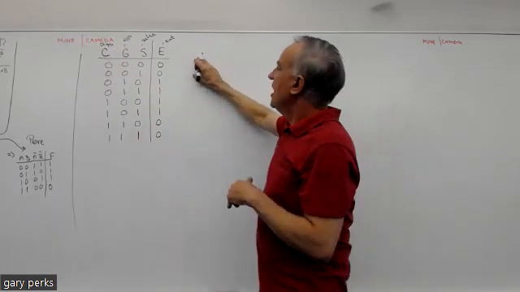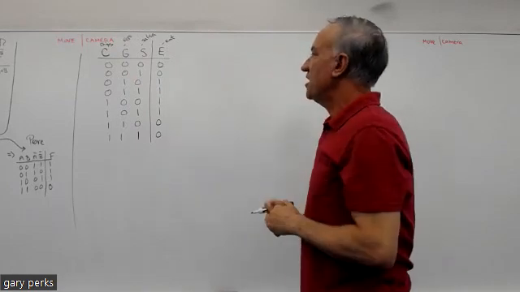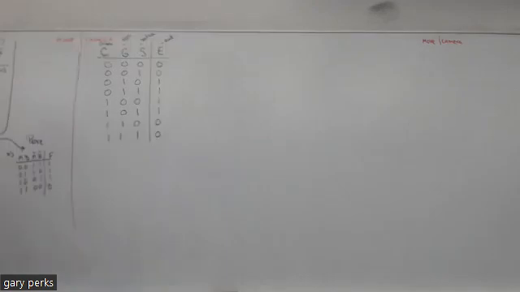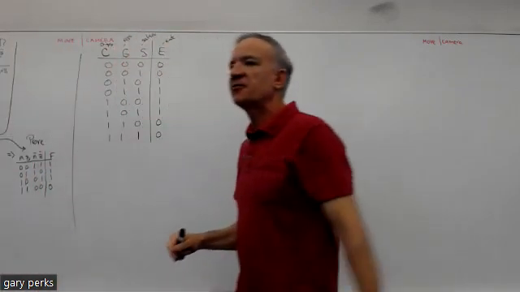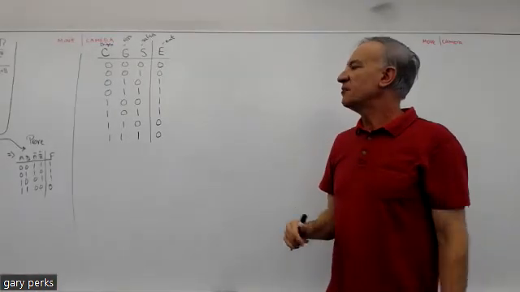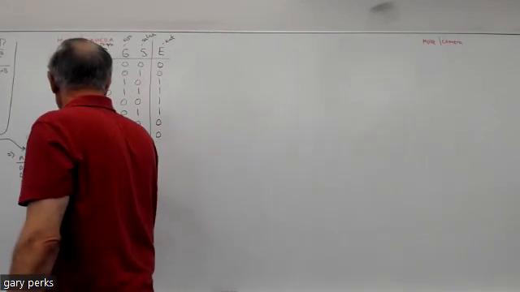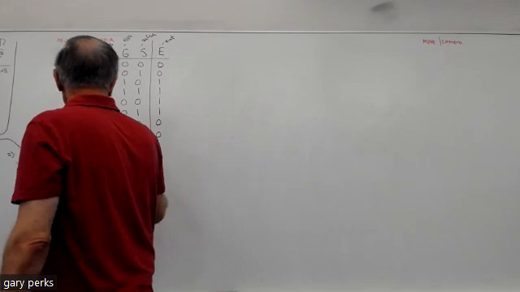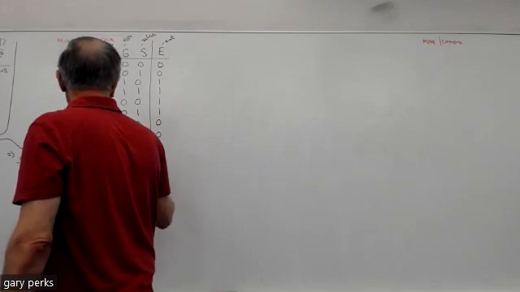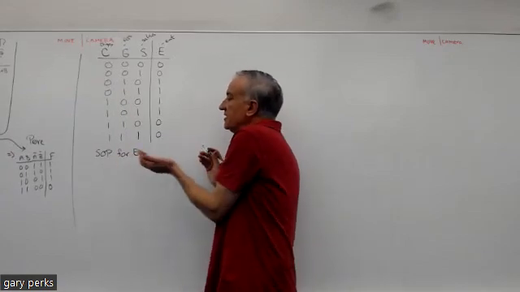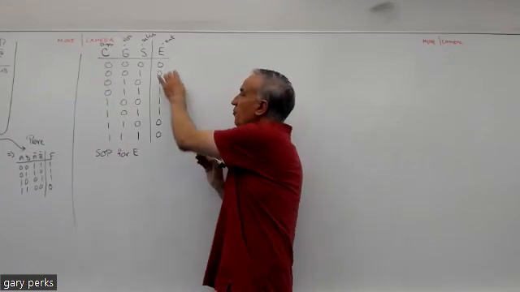From this truth table, we're going to get two forms of Boolean equations. We're going to get what's called an SOP form, and then we're also going to get a POS form. We're going to start with SOP, SOP for E. This is the SOP equation for what I would eat.